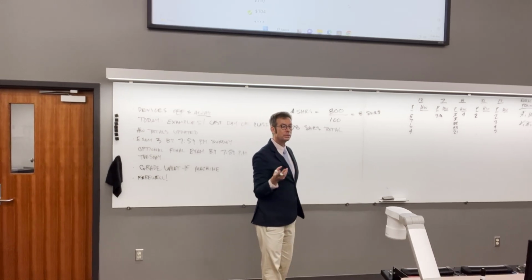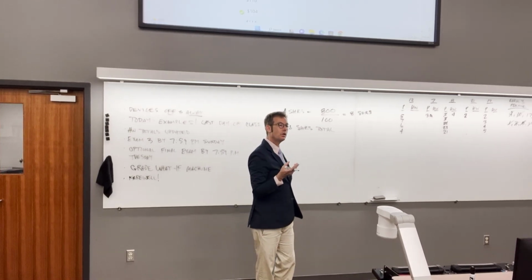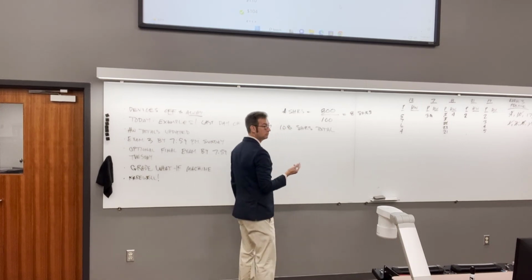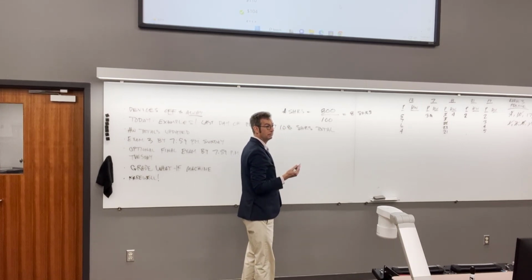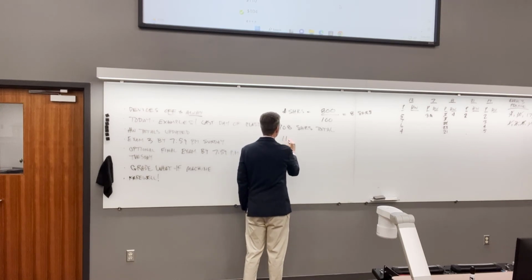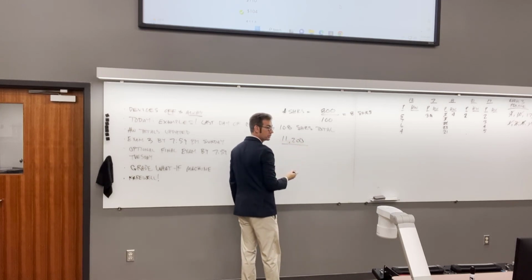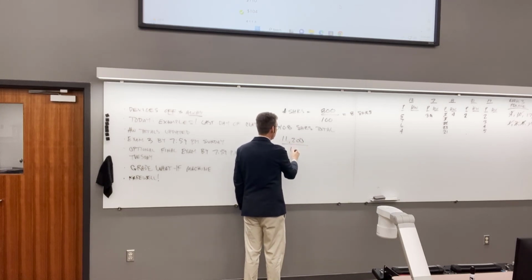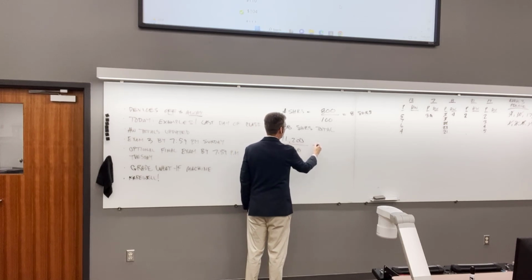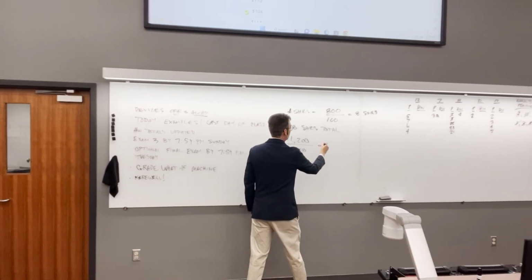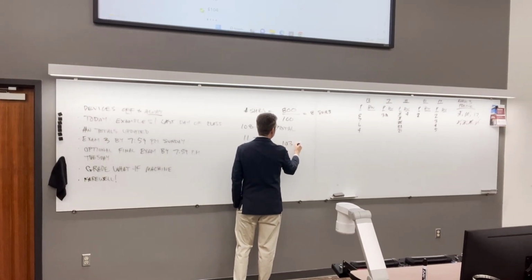Remember we said that the value of the firm in an all-stock merger would be how much? 11,200. 11,200 divided by how many shares? 108. Can anyone do that math for me? 103.7, is that it?